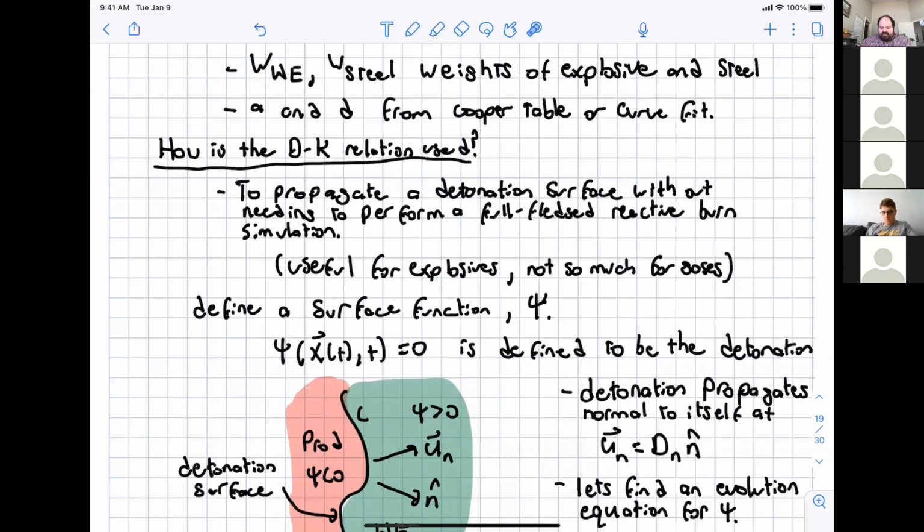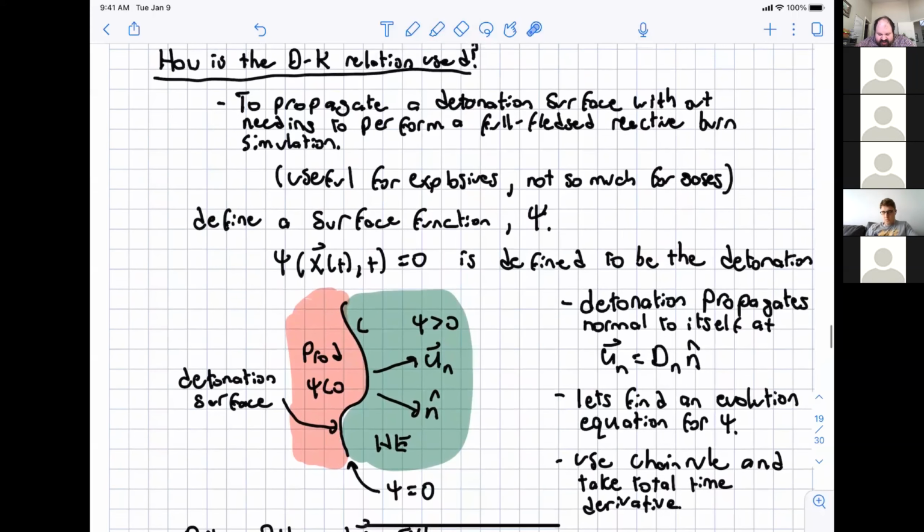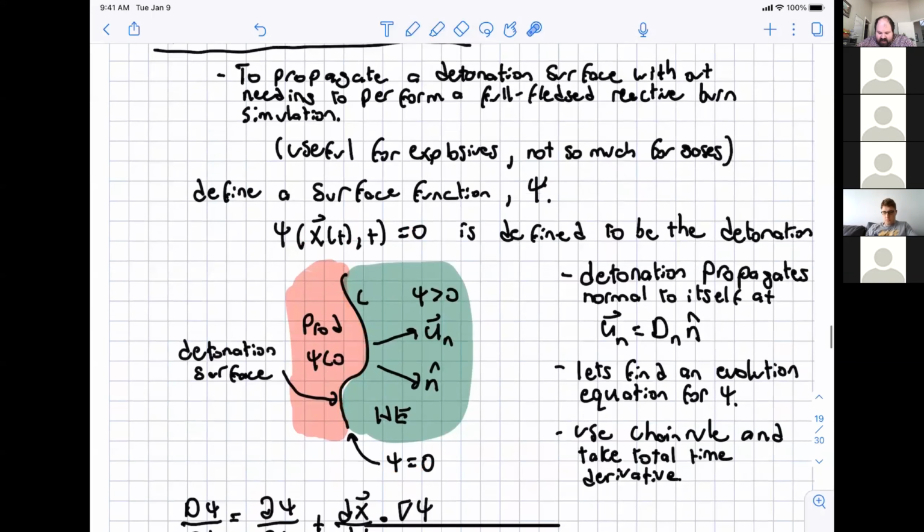Okay. But so how this is used is let's just define a surface function psi. And so psi will be a function of the position vector and time. And we're going to define the surface of the detonation with psi being 0. Okay, and so if we have our psi here, this is our detonation. Psi is defined to be 0 on the surface of the detonation. Okay, and so we have our detonation surface here.